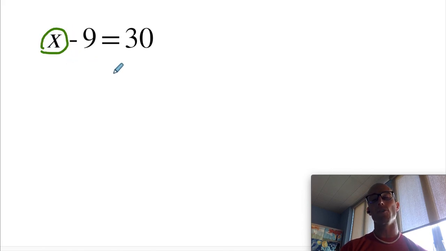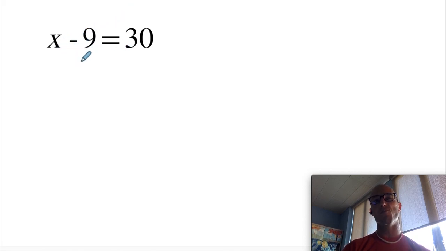And solving this equation is answering the question, what value does this variable have if this equation is true? The equal sign just means is the same as. So this equation is saying that x minus 9 is the same as 30. So if we're going to solve it, we want to know, what does x need to be?